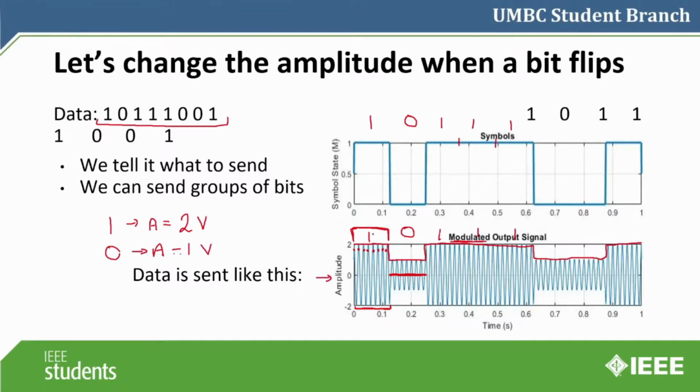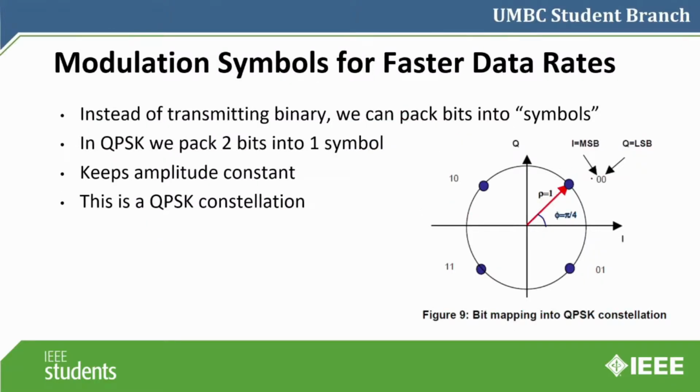So in this case, the symbol is 1 bit, but we can pack 2 bits into a symbol by using different modulation techniques. So this is called quadrature phase shift keying. And phase shift keying means that we are changing the phase of the wave.